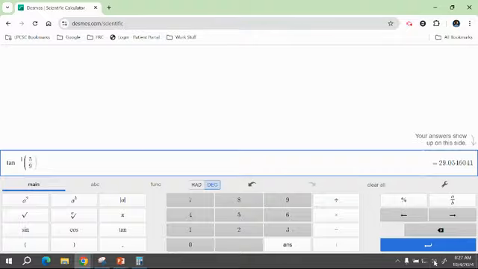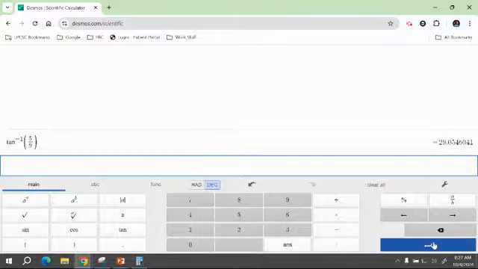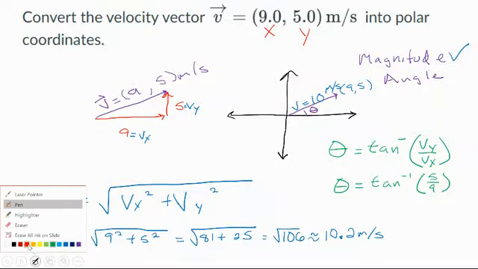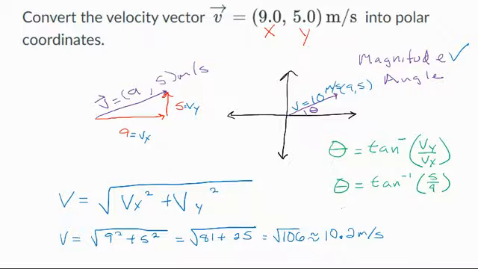I get, oh, it's about 29 degrees. So this right here is about 29 degrees. Is that one of the options? Yeah. Does that make sense to you guys? Does anybody have any questions on that? Okay.